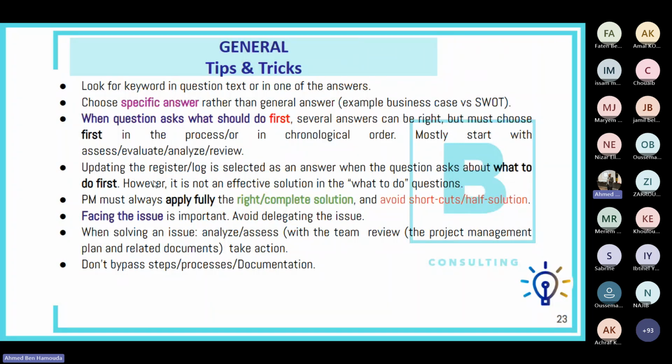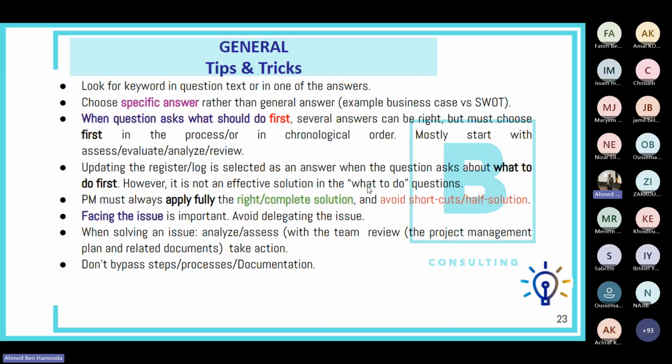However, you do not want to pick the answer that includes updating the register or updating the log if the question is actually looking for an effective solution and the question asks you what to do, not what to do first, but what to do.